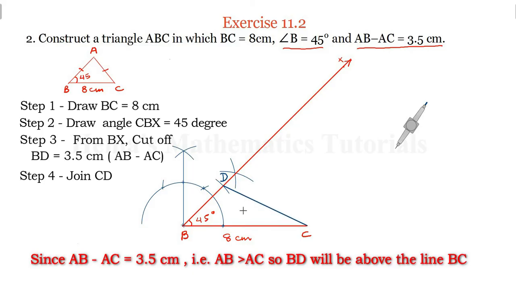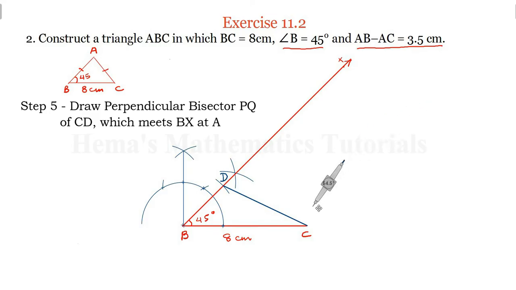Now to find vertex A on the ray BX, we'll draw a perpendicular bisector of DC, and the point where the perpendicular bisector cuts the ray BX will be the vertex A of the triangle ABC.